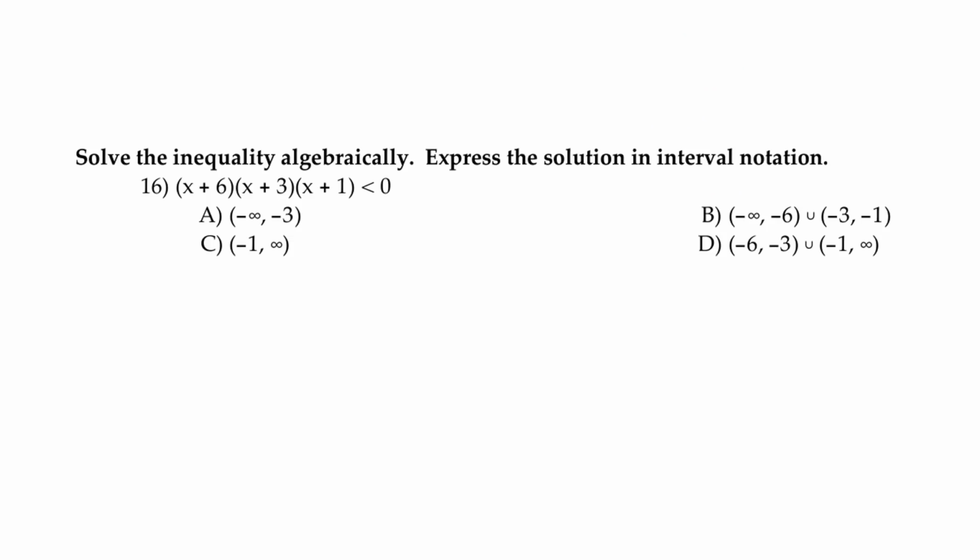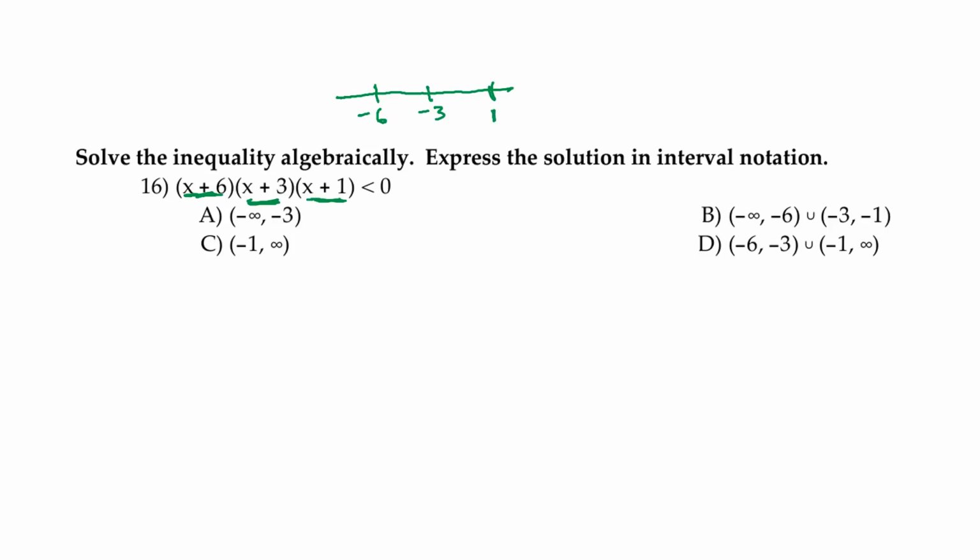If we wanted to solve this algebraically, the first thing that we need to find are the zeros. So where is this equal to 0? For x plus 6, the first 0 that we would have is -6. For x plus 3, our 0 would be -3. For x plus 1, our 0 would be at +1.